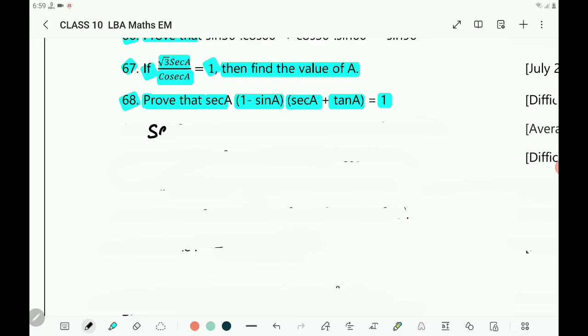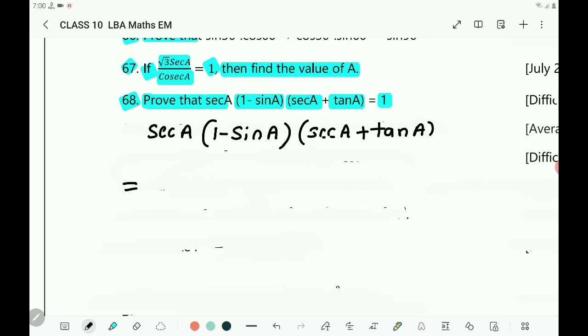Secant A into 1 minus sin A into secant A plus tan A equals secant A is 1 by cos. Write it as 1 by cos A and write this 1 minus sin A as it is.